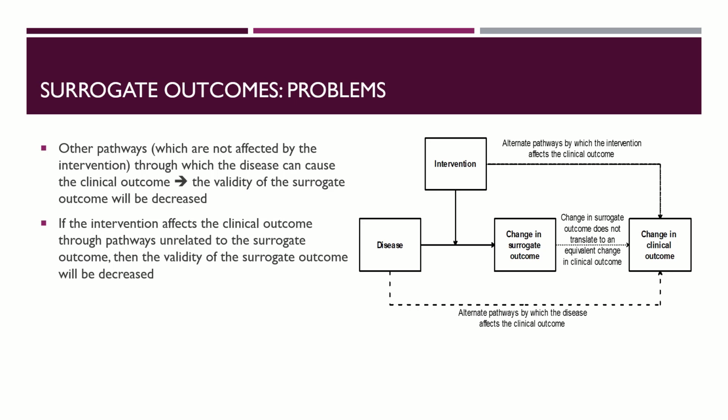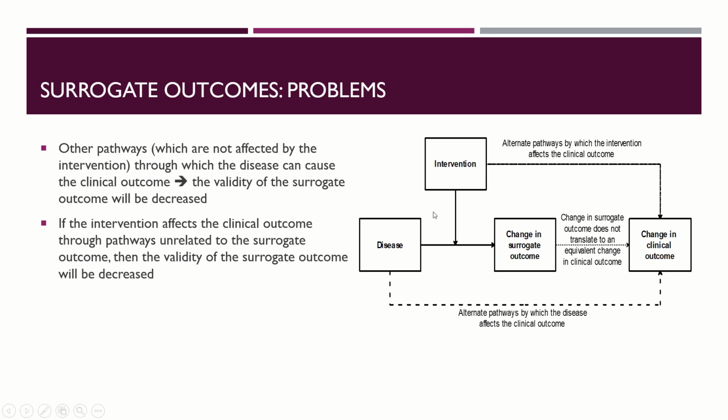So, let's talk about the first situation. The intervention affects the pathway between the disease and the surrogate outcome, but actually there are alternate pathways by which the disease affects the clinical outcome. So even if there is a change in the surrogate outcome, that doesn't translate to an equivalent change in the clinical outcome because the disease affects the clinical outcome in alternate pathways.